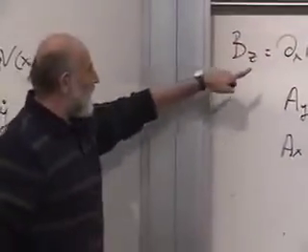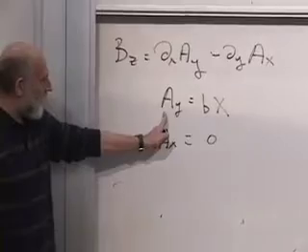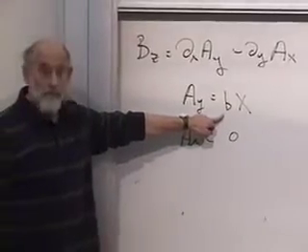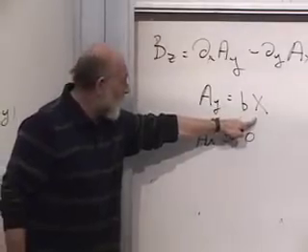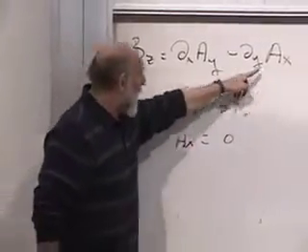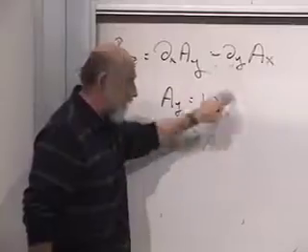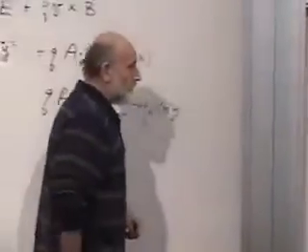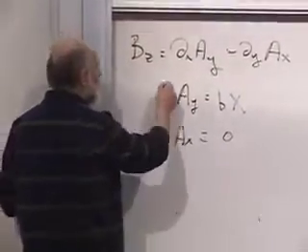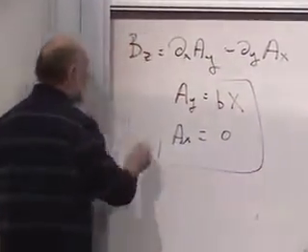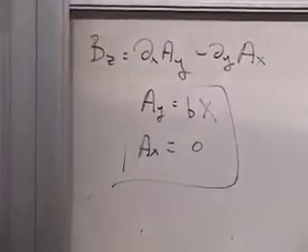In that case, the derivative with respect to x of Ay is just b. The x goes away when we take the derivative. On the other hand, Ax is equal to 0, and this doesn't change the answer. So this is one possible choice of vector potential which will give rise to the uniform magnetic field.